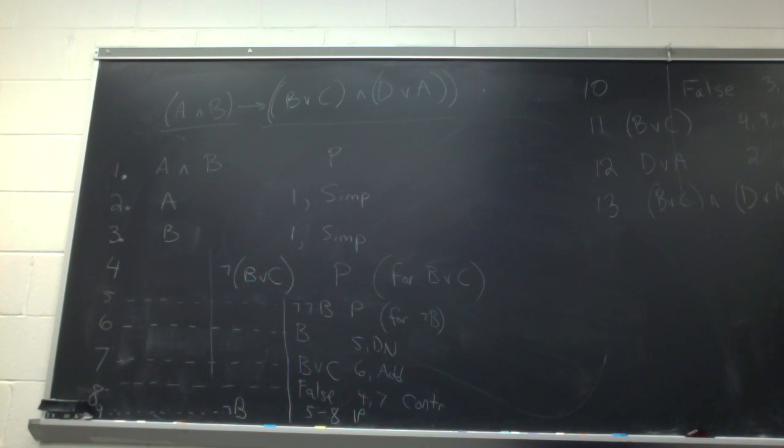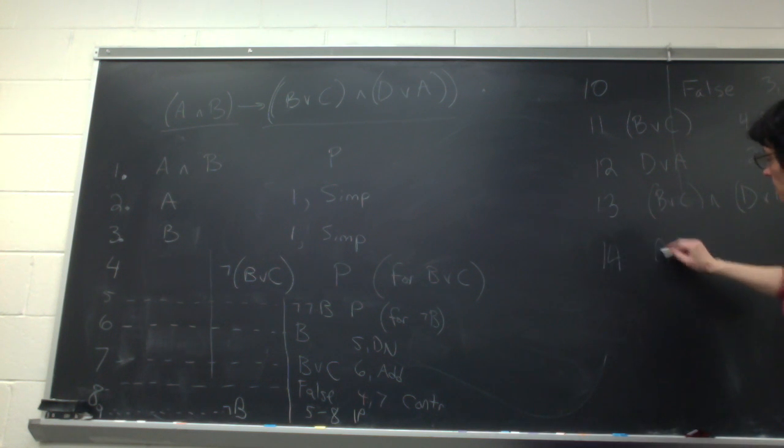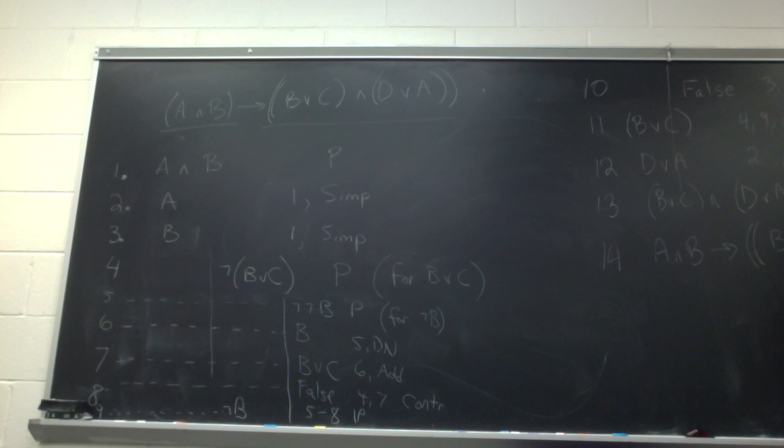Yes? And then line 14 is A and B implies B or C and D or A. And that's by CP. Oh dear, that's not good. Number 13 is conjunction. Oh, sorry, thank you.